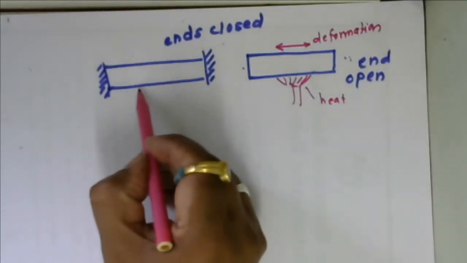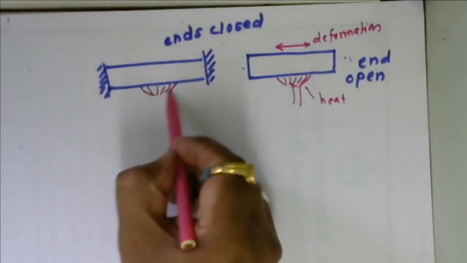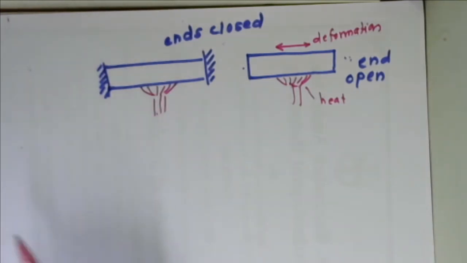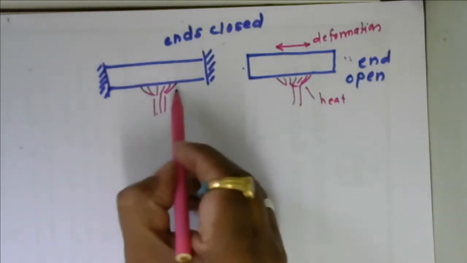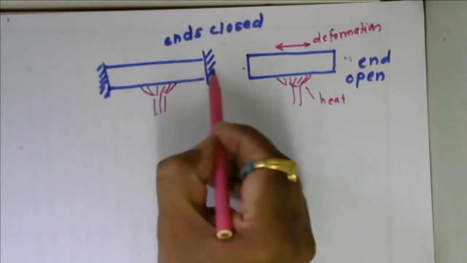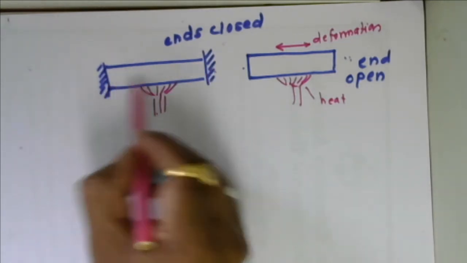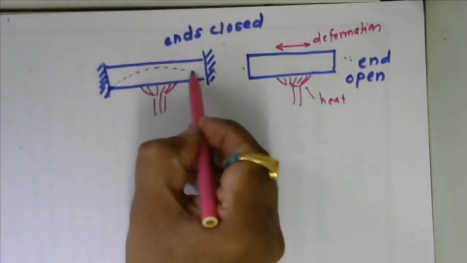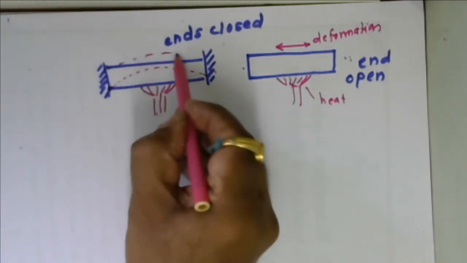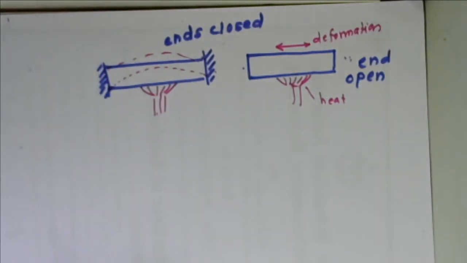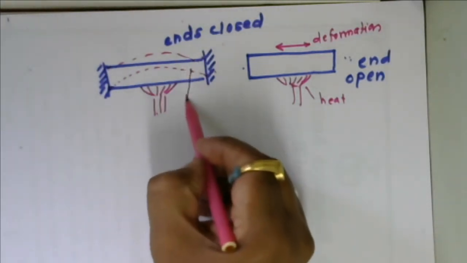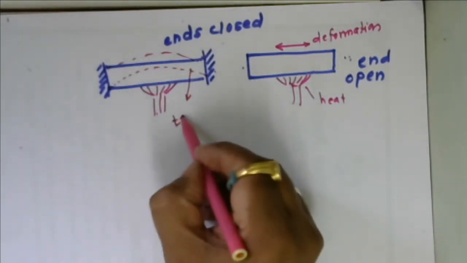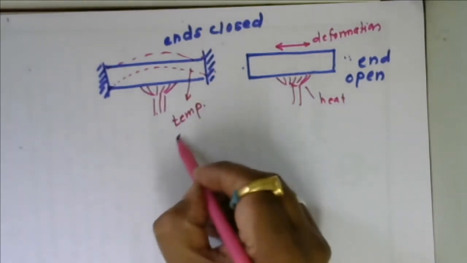But in another case, if we have applied the heat, it may expand, but there is no chance to expand this side, so the material may bend in that manner. So due to that, temperature stresses are induced.